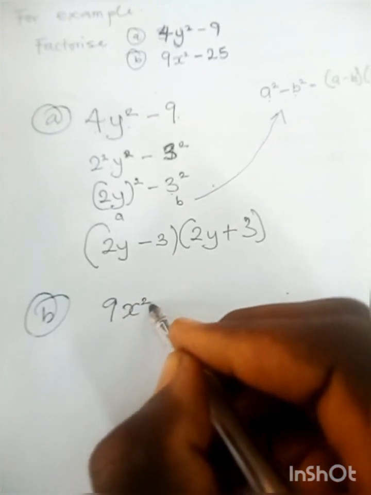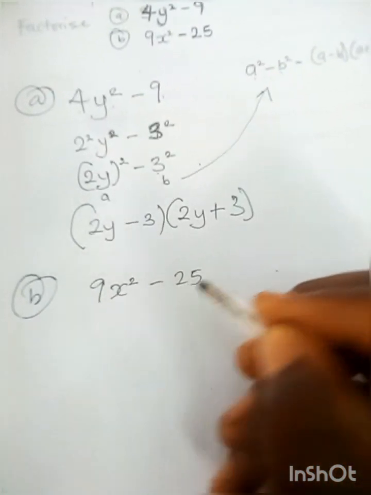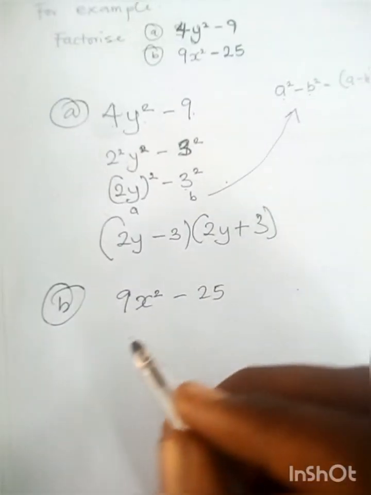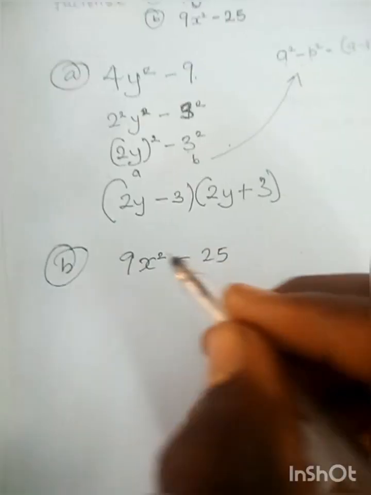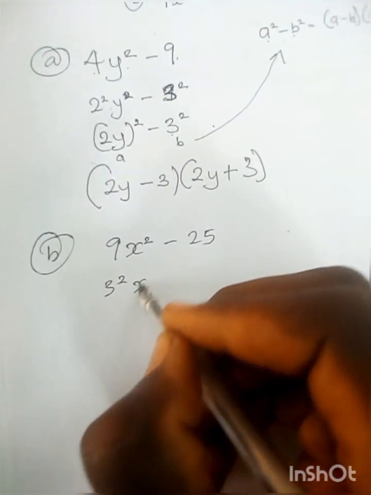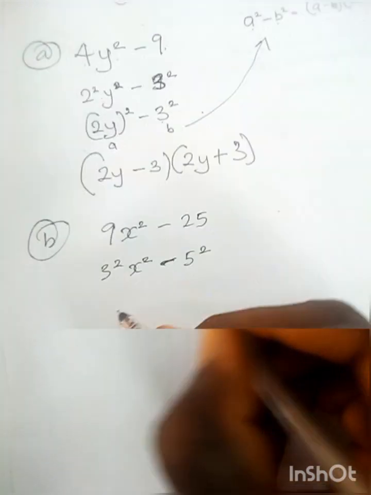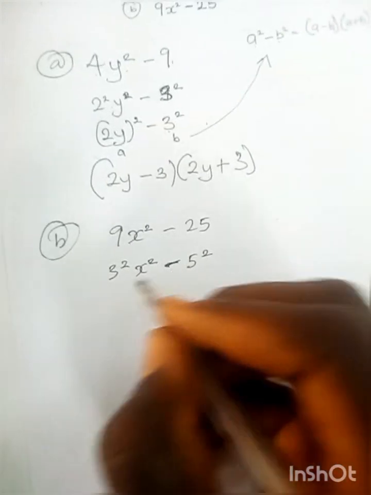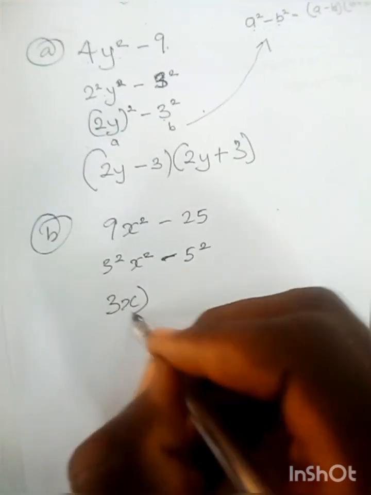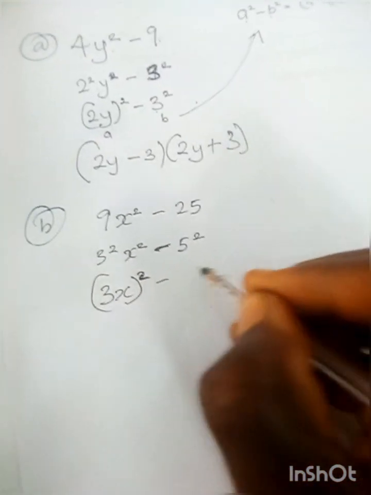9x squared minus 25. I believe we can do this too. So let's turn this to look like that, which is 3 squared x squared minus 5 squared. Sorry for my writing. Now, which is 3x all squared minus 5 squared.